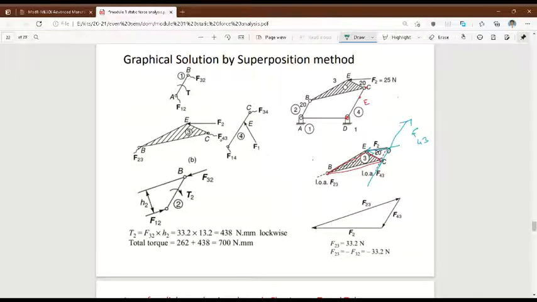Now F43 and F2 are cutting at this point. Now from point B, draw a dotted line meeting at this point, and that dotted line is the line of action for F23.